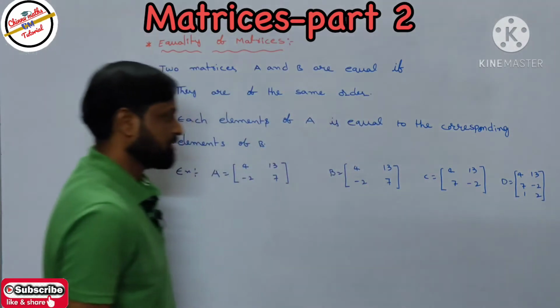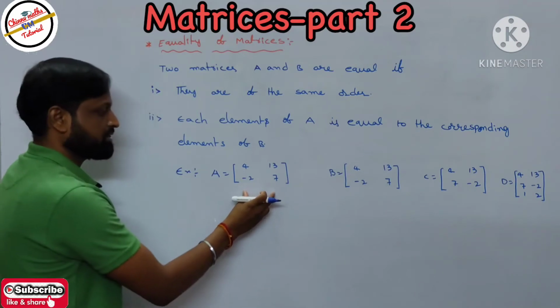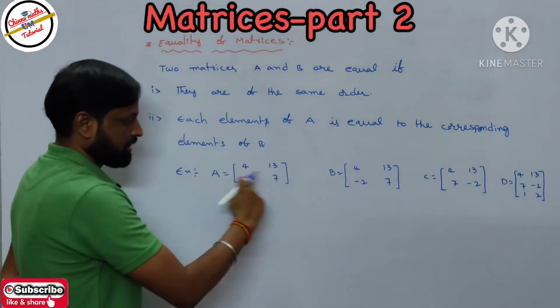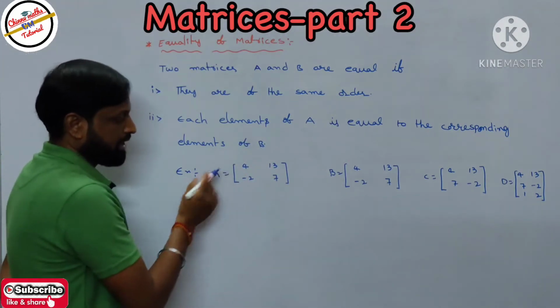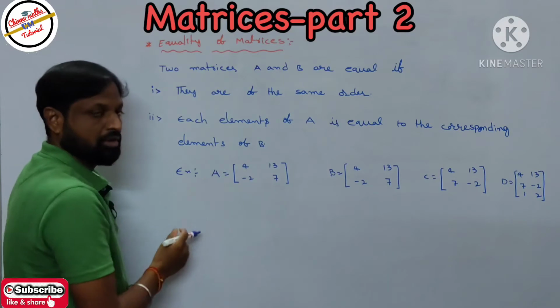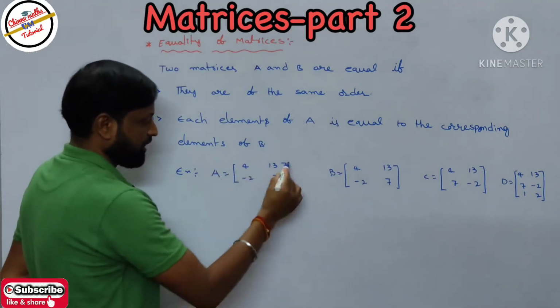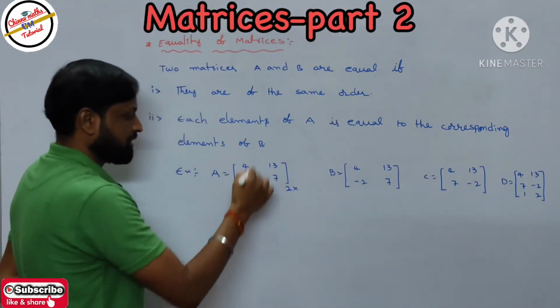You can observe the 4 matrices. What is the order of the first matrix? First you have to write the rows, after that write the columns. How can you calculate the rows? Top to bottom. How can you calculate the columns? Left to right. So how many rows are there? 1, 2. 2 rows by how many columns? 2 columns.